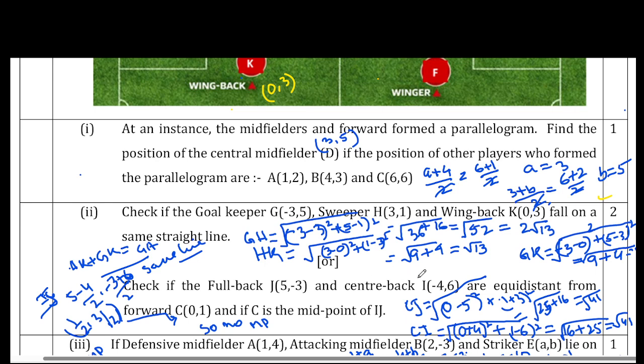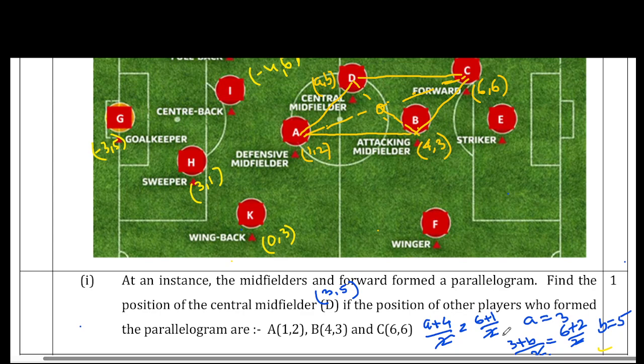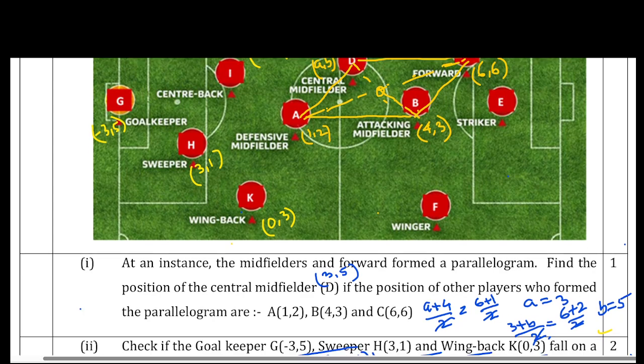If we sum, GH equals HK plus GK. So definitely they will form a common line, the same straight line.